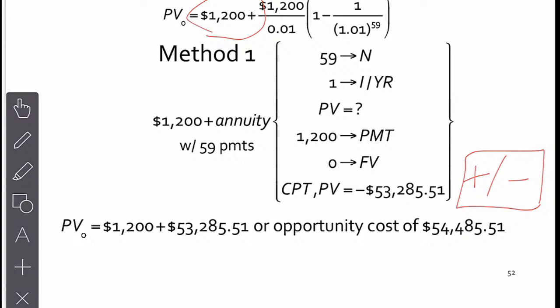You're getting higher. You sure you're putting 1,200? You sure you're putting 59? Not 60? Should be 59, not 60.